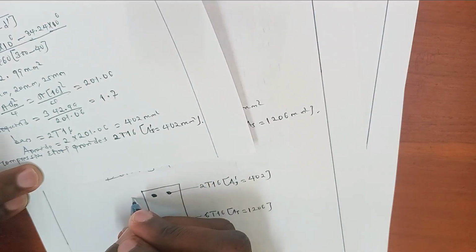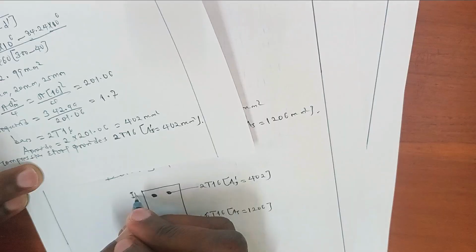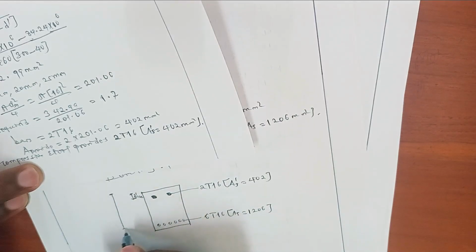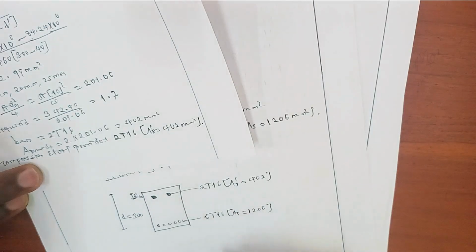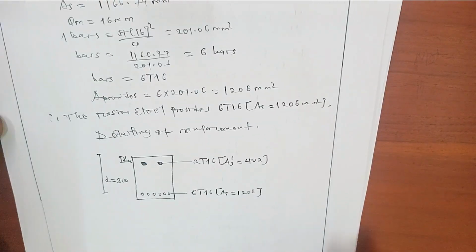This is the distance from the center of the compression steel to the top, the effective depth of compression, which was 40. And this is the effective depth, which is 300. Now this is the detailing of the section of the beam.